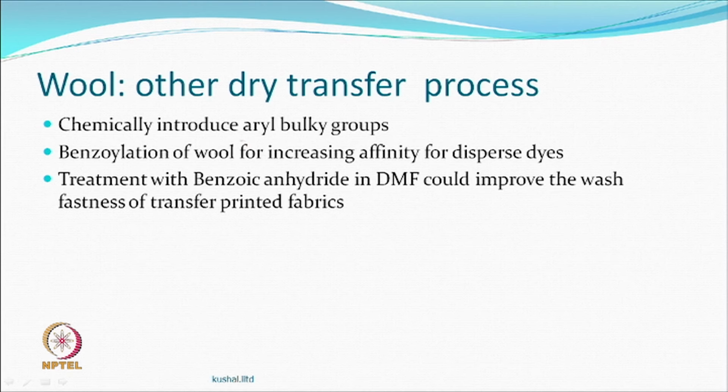So, one is that you have changed the hydrophilic groups to aryl groups, making it more hydrophobic, so the reception will be more. One of the things was benzoylation to increase the affinity of disperse dyes, and one of the processes used benzoic anhydride instead of benzoyl chloride and used it through DMF, which they found was giving better results.